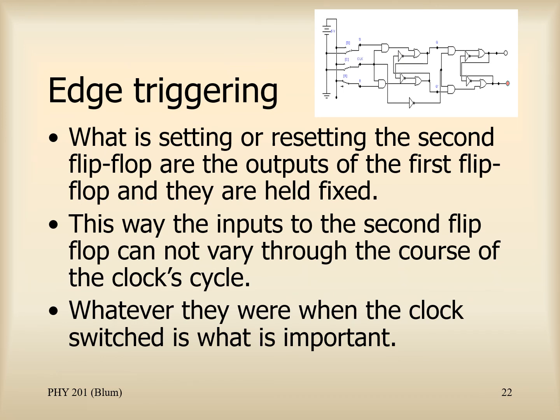So now that the clock is low, the second RS flip-flop, which is receiving the inverted clock, can be set or reset, but it's being set or reset by the outputs of the first flip-flop. Its R and S inputs are the outputs of the first flip-flop, and the first flip-flop is in its no change state, so they are being held.